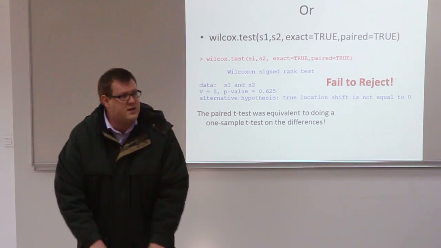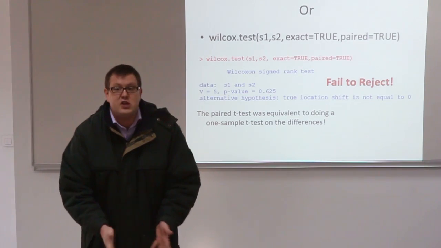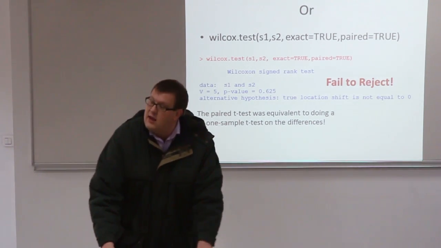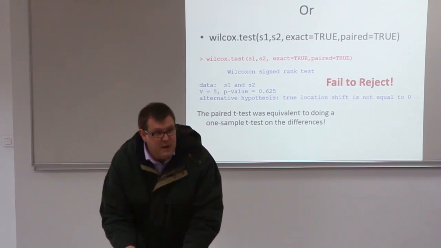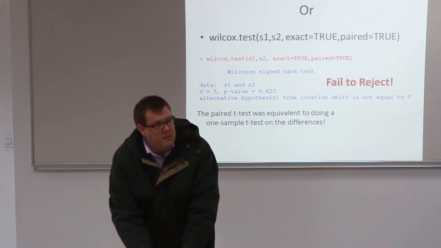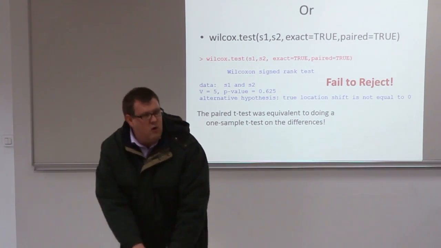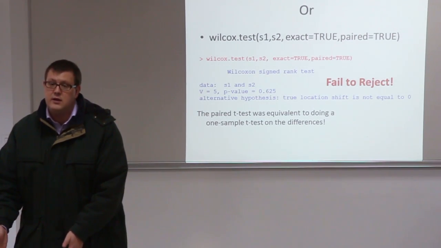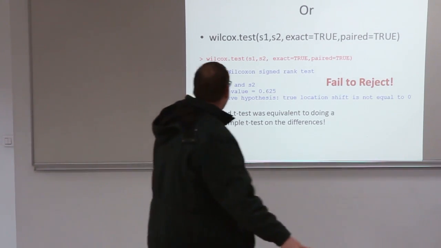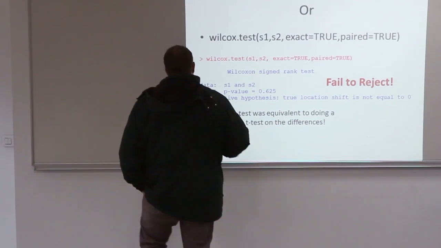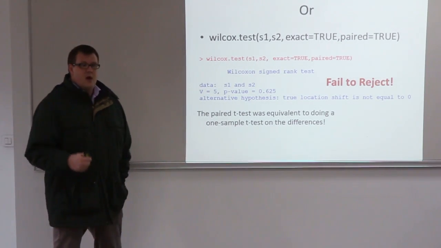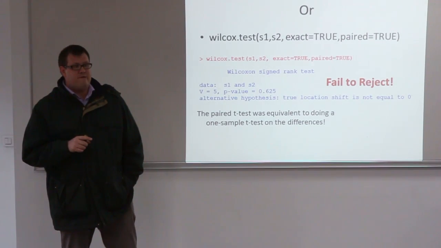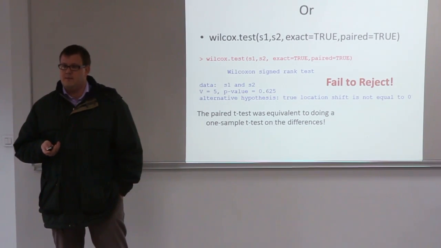If they weren't dependent on one another, you would actually increase the variance by subtracting them. But since they are dependent on one another, we were able to throw away part of the variance that was related to differences between subjects. And we said that we could run a 1 sample t-test on the differences and find exactly the same answer.